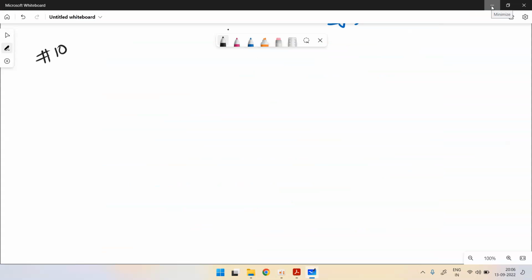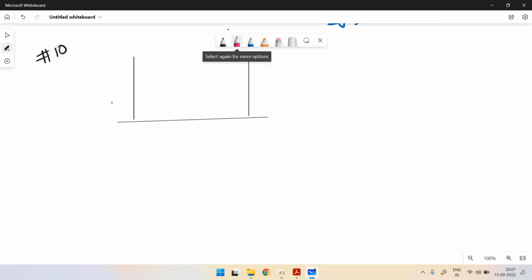This is also a simple question. It can be drawn simply. There are two equal-length poles, and there is a road in between.